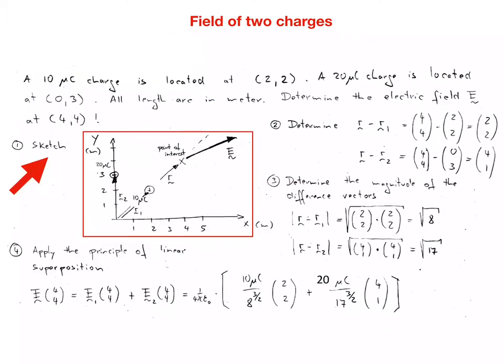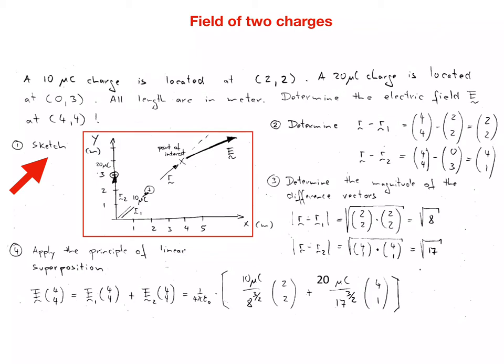This is a similar problem. A charge of 10 microcoulomb is located at a position with an x-coordinate of 2 and a y-coordinate of 2 also. A 20 microcoulomb charge is located at 0, 3. As before, the length unit is meter. The task is to determine the electric field at the point of interest 4, 4.